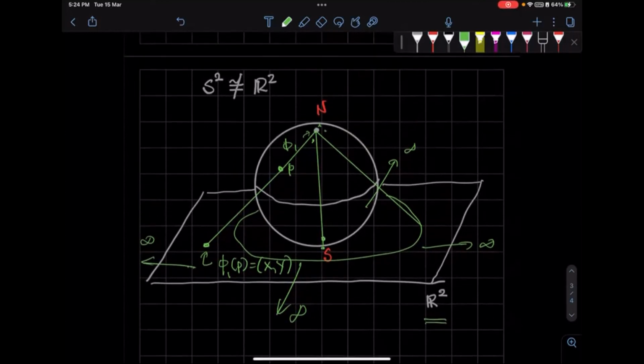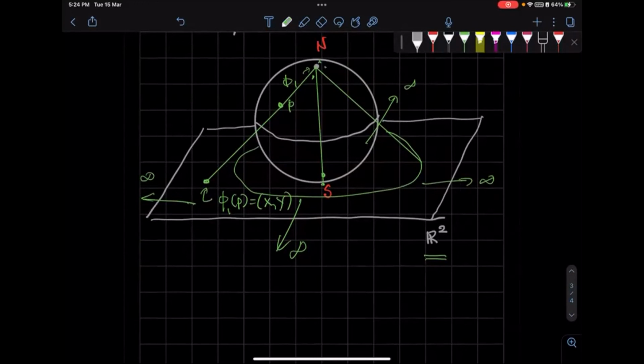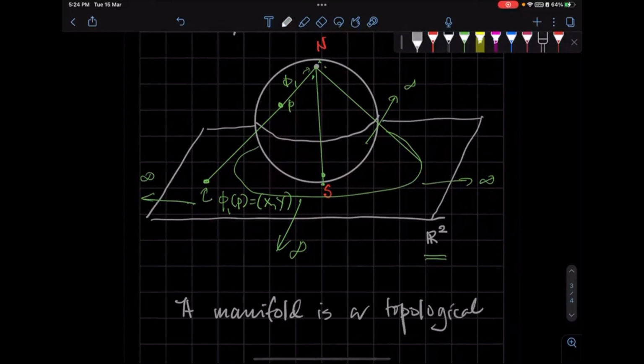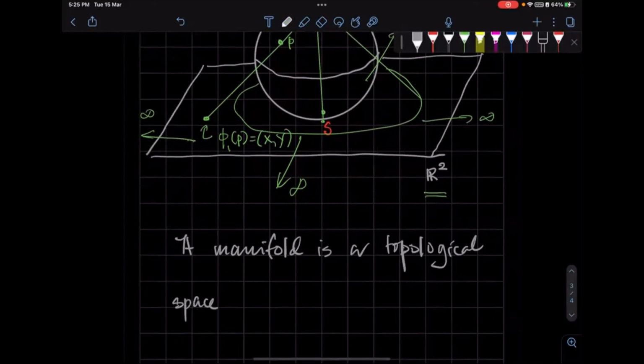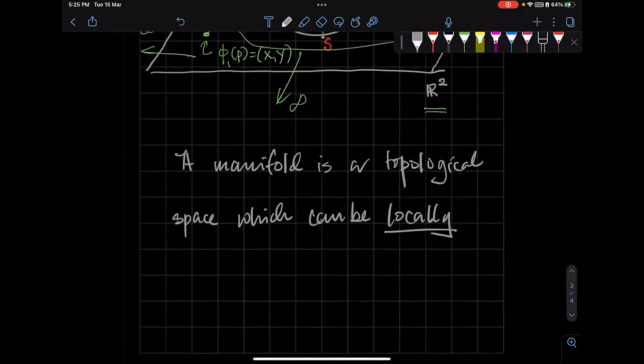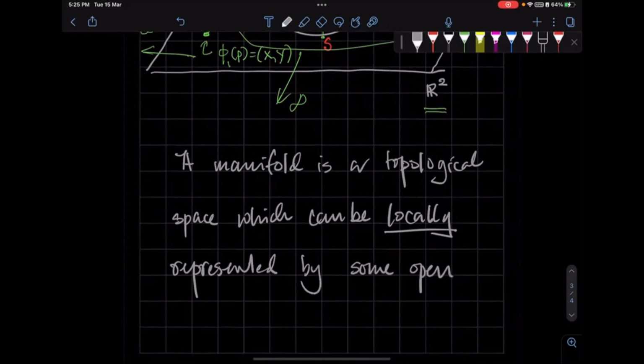Yes. So if you want to cover the whole sphere, this is what it means when we say that a manifold is a topological space which can be locally, and the word local is the important word, locally represented by some open neighborhood of Rn.